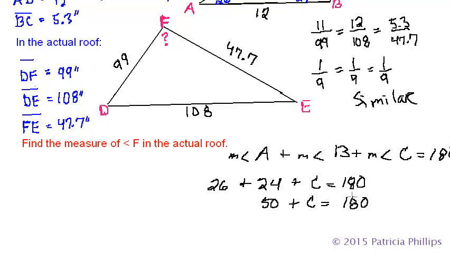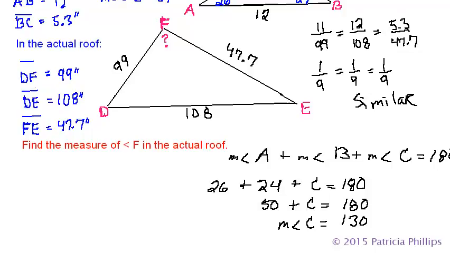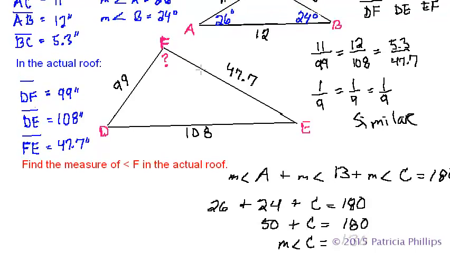Now, from algebra, you know that all you need to do now is subtract 50 from both sides of this to isolate the value of C. So, the measure of angle C is going to end up being 180 minus 50, which is 130 degrees. So, now that we know that the measure of angle C is 130 degrees, we know by default, let me move this up, we know that the measure of angle F is also going to be 130 degrees.